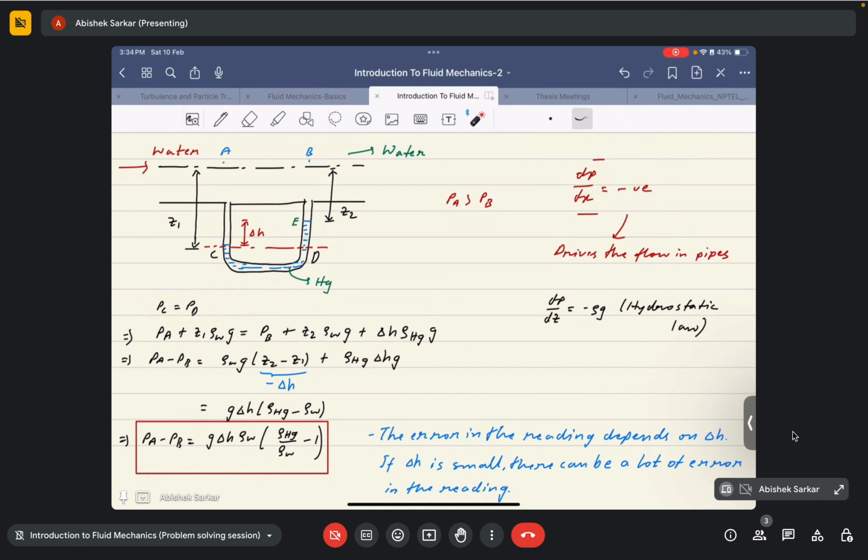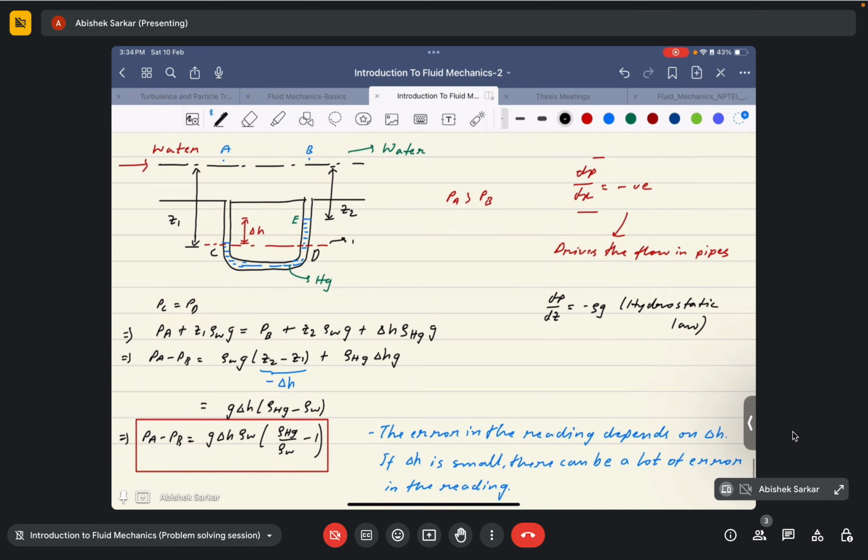We have chosen the lower level of the mercury in the U-tube manometer as our datum. We will not do any measurements below it. All our measurements will be above this red line. That's why this is our datum. Since point C and point D are on the same level, PC is equal to PD. It's clear.